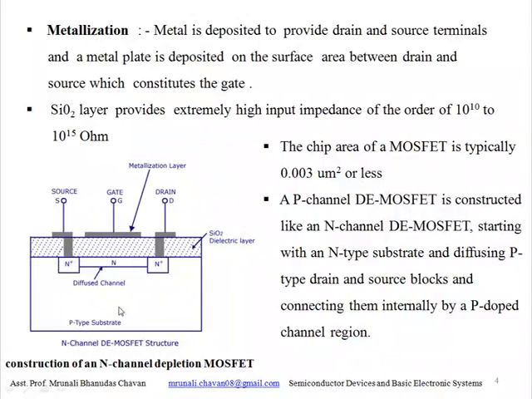We can construct the p-channel MOSFET the same as the n-channel MOSFET, only here the n-type substrate is used, and the p-type drain and source blocks are connected internally by the p-doped channel region. Okay, so this is about the construction of N-channel depletion MOSFET.